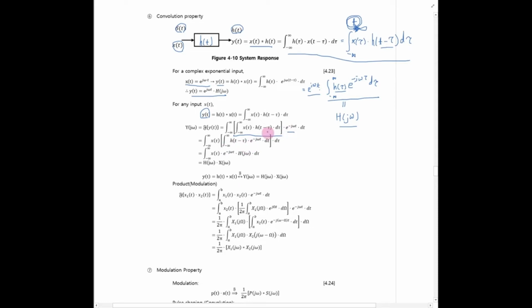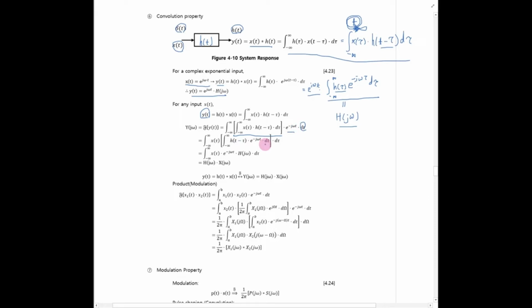Then take the integration over both τ and t. Let's integrate over t first. Then x(τ) is here, and dτ over here, and h(t minus τ) is here, and dt is here.